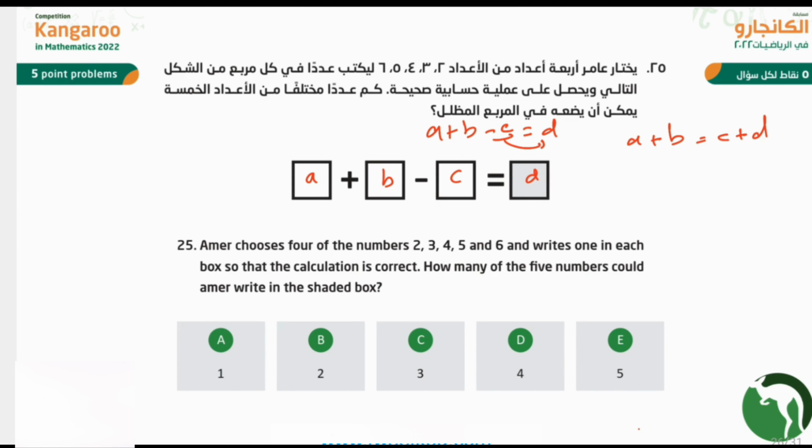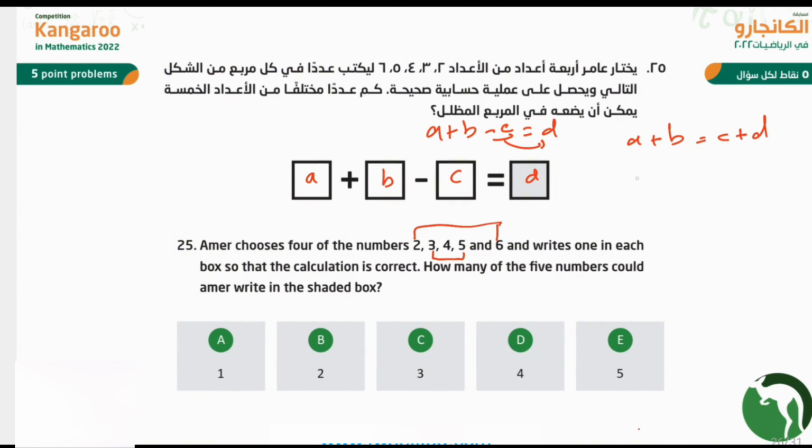Now we will search for four numbers so that the sum of two numbers is equal to the sum of the other two numbers. For example, here we have 6 and 2, which is 8, equal to the sum of 3 and 5.